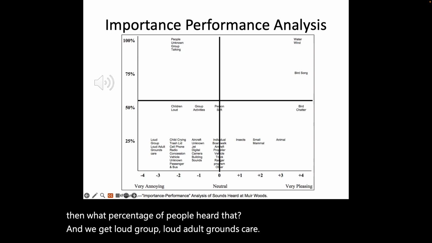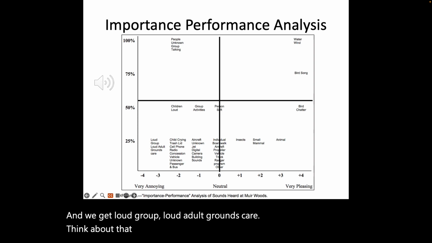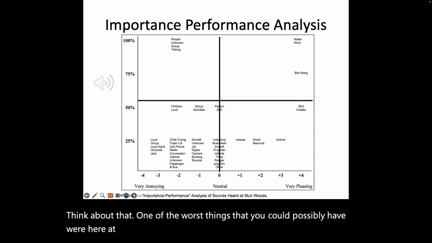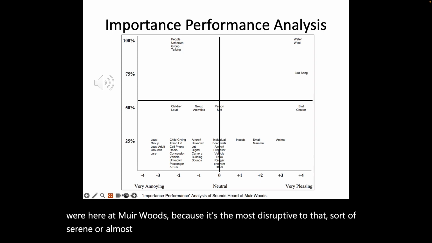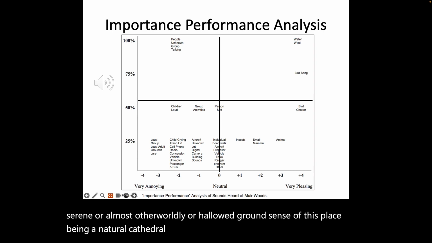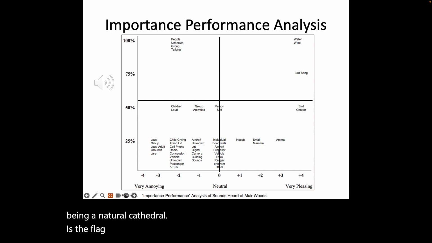Think about that. One of the worst things that you could possibly hear at Muir Woods, because it's the most disruptive to that sort of serene or almost otherworldly or hallowed ground sense of this place being a natural cathedral, is stuff like urban forestry, tree care, repairing the boardwalk. People absolutely hate hearing that stuff.